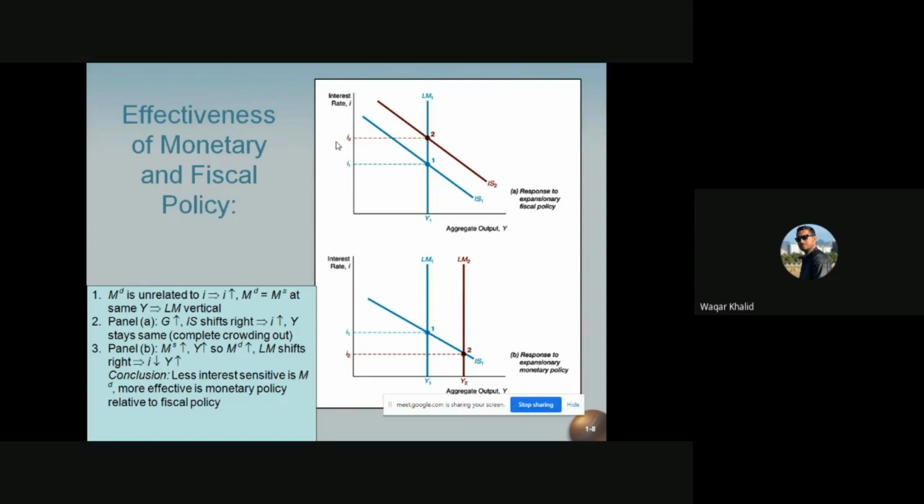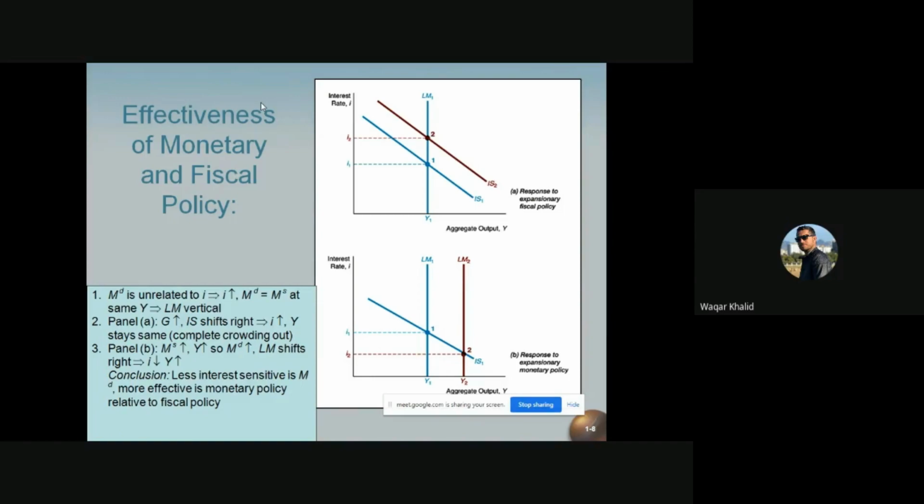So in this case, we have an extra amount of spending made by the government. But with the shift in the IS curve, we have an increased level of interest rate. If there is a rise in the interest rate, it means the investment spending and net exports will fall.